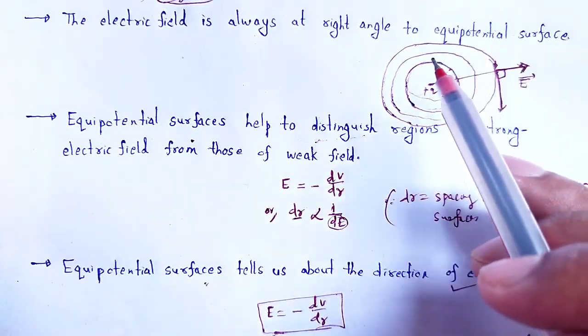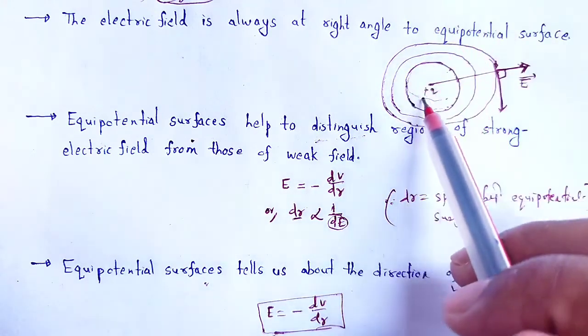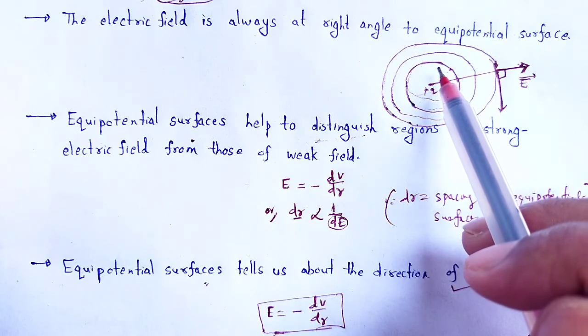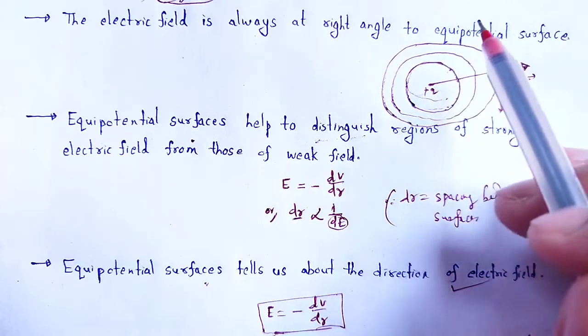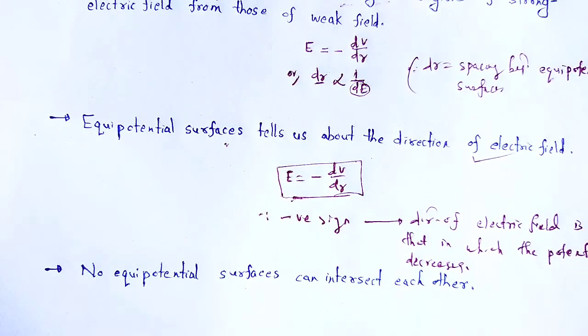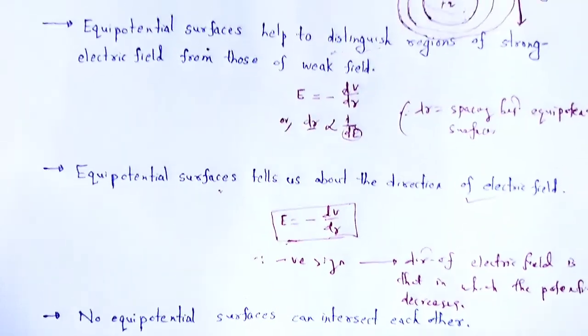At the point of intersection there would be two values of electric potential, but that is not possible. That is why two equipotential surfaces can't intersect each other.